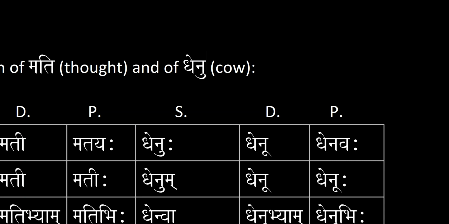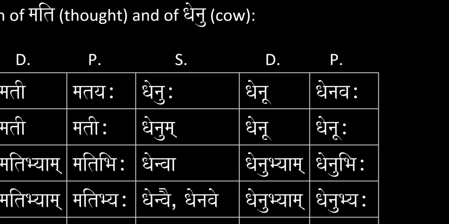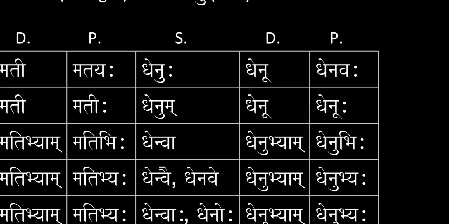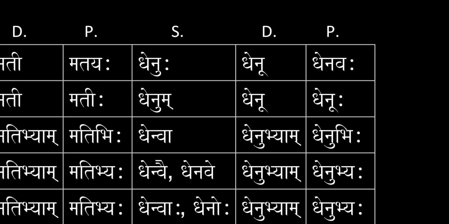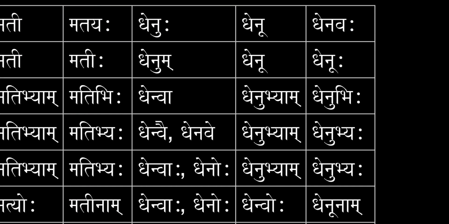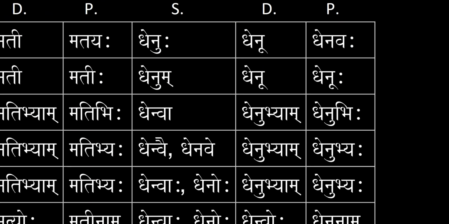And let's get started with the pronunciation for the declensions. So we have nominative, singular, dual, and plural: dhenuhu, dhenu, dhenavaha. Accusative, singular, dual, and plural: dhenum, dhenu, dhenuhu. Instrumental, singular, dual, and plural: dhenwa, dhenubhyam, dhenubhihi.